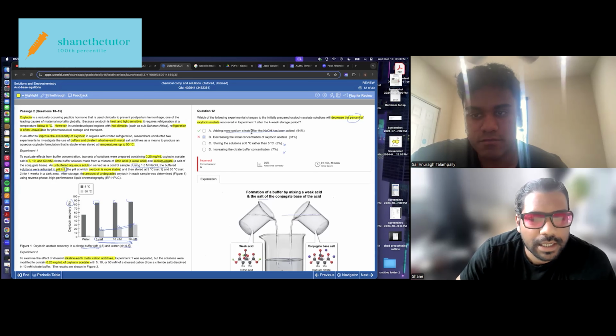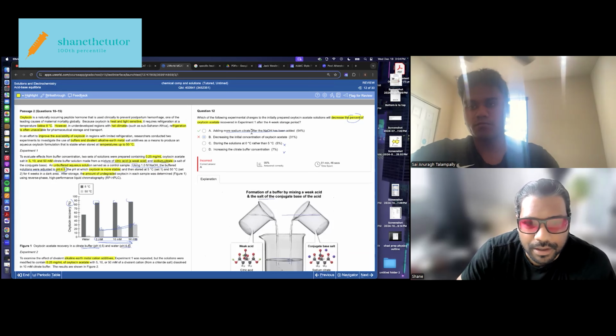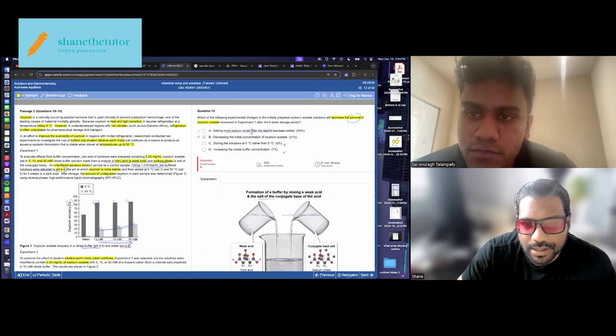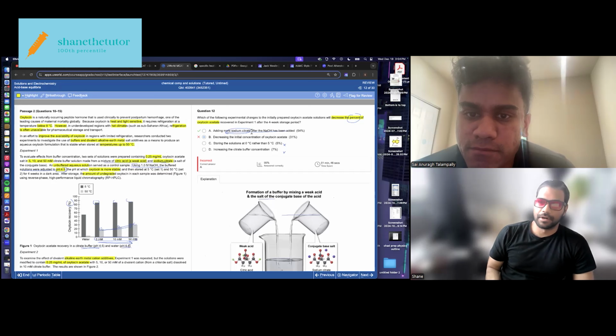So the buffer must be a mixture of a weak acid and its conjugate base, right? Okay. But this choice is not saying that we're increasing the buffer.